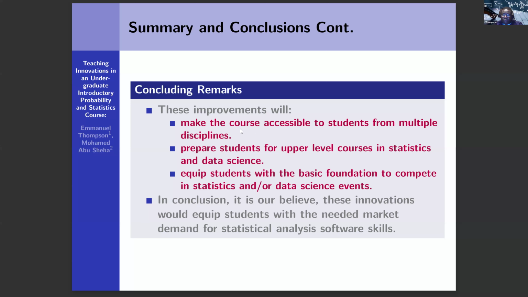For this reason, we want to make sure this course is accessible to any major on campus, and also to prepare students for upper level courses in statistics and data science, as well as equip students with the basic foundation to compete in statistics and or data science events, such as data science competitions.